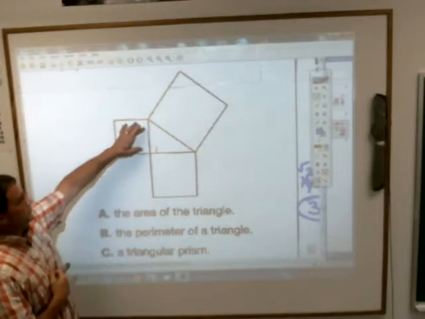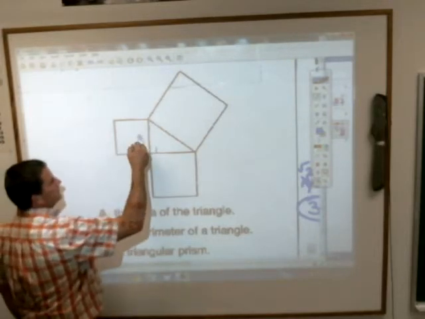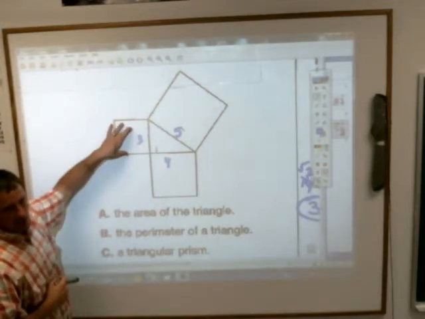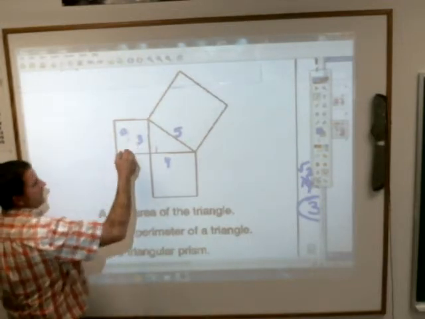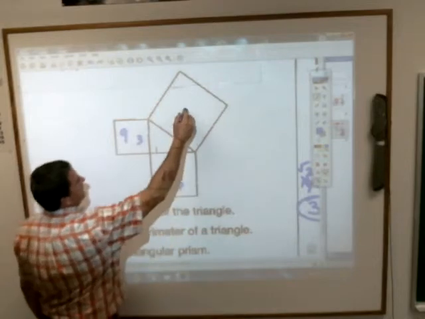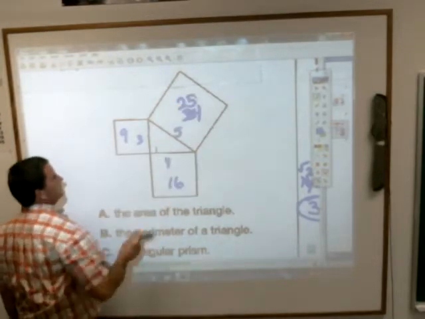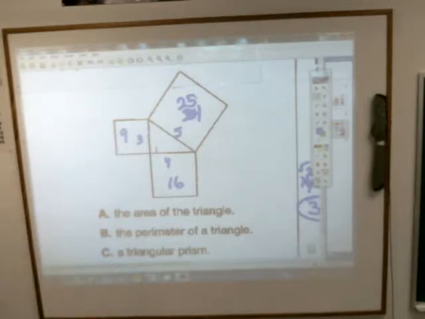In other words, if this was a 3, 4, 5 triangle, and you drew squares off of those sides, you're going to get an area of 9 here, an area of 16 here, and it just shows that area over there is going to be 25. I'm just going to show you that. We didn't talk about it, don't worry about it, don't put it on your paper, don't do anything with it. We will be skipping it.